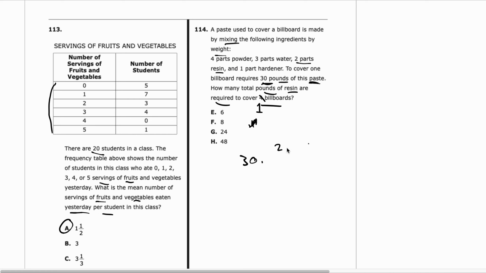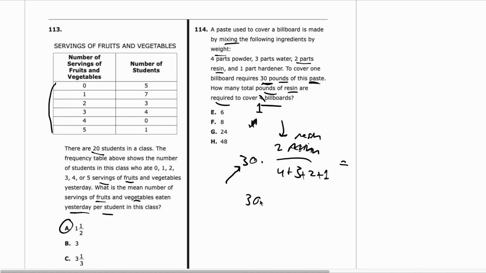So it's 2 parts resin to the total amount of parts in the paste, which is 4 plus 3 plus 2 plus 1, right? So basically we're saying, okay, it requires 30 pounds of paste, and then times the fraction of that paste which is resin gives me the number of pounds of resin that is used to cover that billboard.